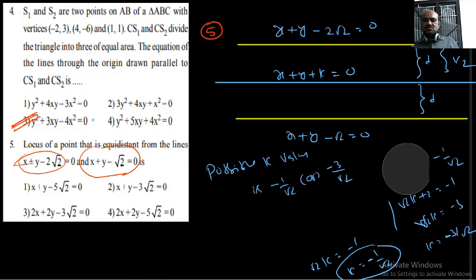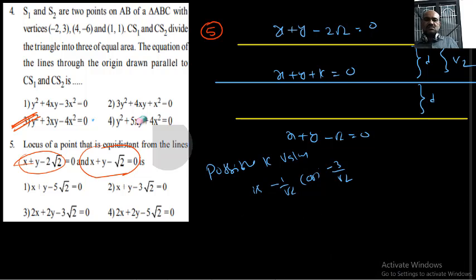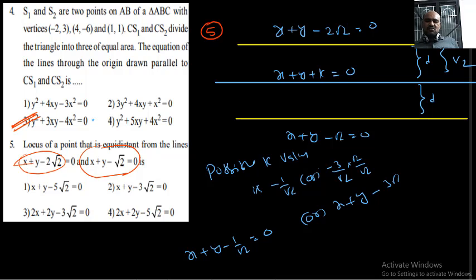Okay students, if k is equal to minus 1 by root 2, what happened to the equation? I will write x plus y minus 1 by root 2 equal to 0, or x plus y minus, I can rationalize this, 3 root 2 by 2 equal to 0.